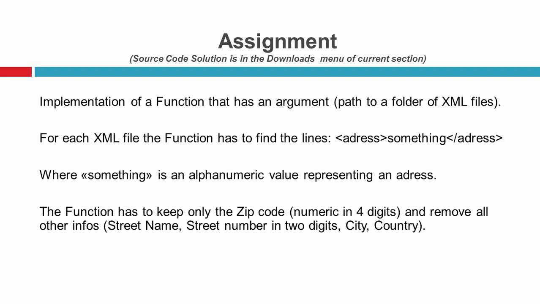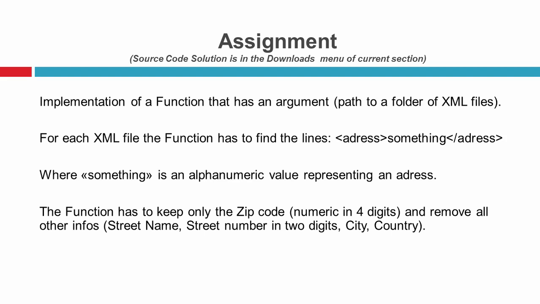So first of all, you have to implement a kind of dataset, 1 or 2 or 3 XML files having at least one line of address plus the content of that address. That means the street name with the street number in 2 digits, city, country, and a zip code.